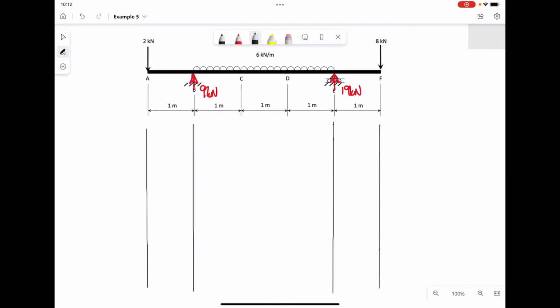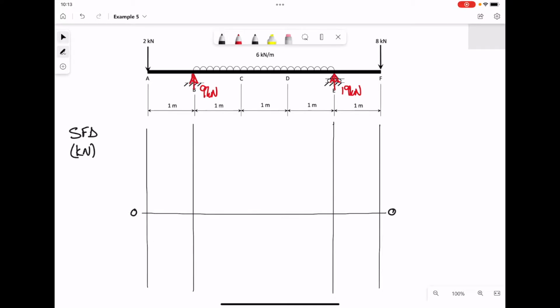I'm going to draw in a 0 line. And we'll label this our shear force diagram. The units will be in kilonewtons, and we can label the horizontal line as being 0.